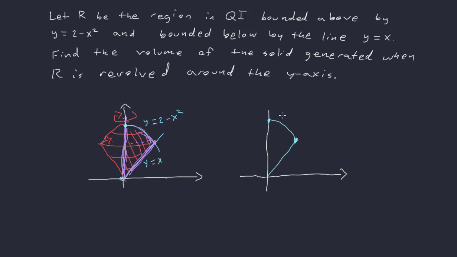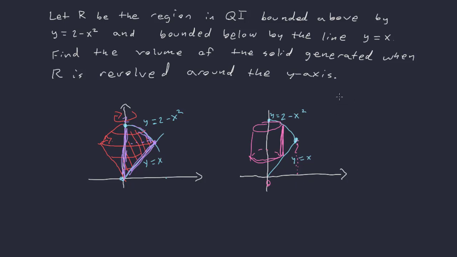Okay, so here's 2 minus x squared up here, and here's y equals x down here. All right, so here's the height of the shell that we would be spinning around. Okay, so what we need to figure out is this value right here, because I know the x goes from 0. I need to find the next x.